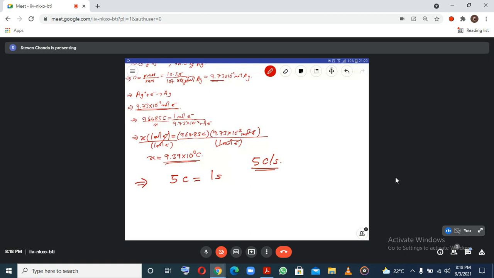Then if we have 939 times that many coulombs, let's find the number of seconds. So we say 5 coulombs, then x, then 1 second.